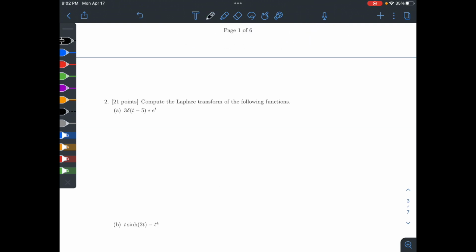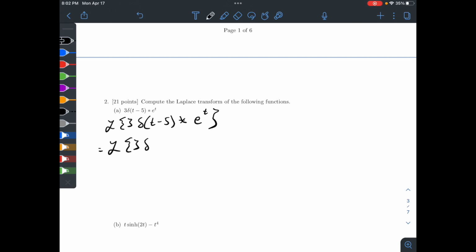Computing some Laplace transforms. 3 times delta of t minus 5, convolution with e to the t. So if you're just doing the Laplace transform of one function convolved with another function, you don't want to actually compute the convolution, because the Laplace transform of this convolution just ends up splitting up as a product.